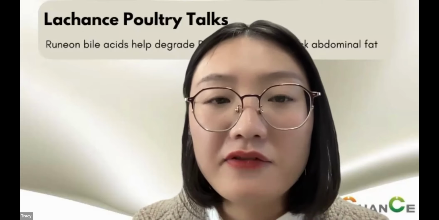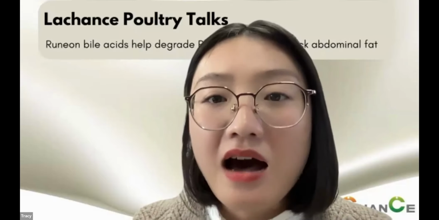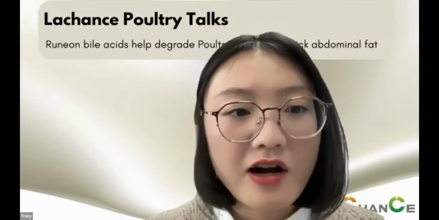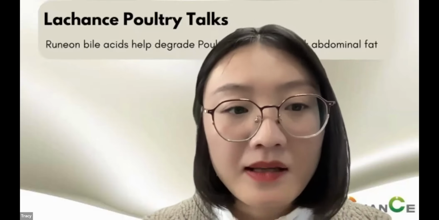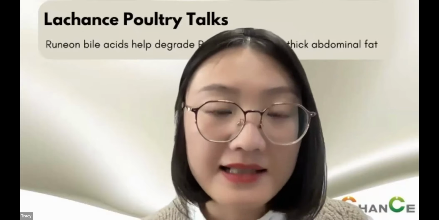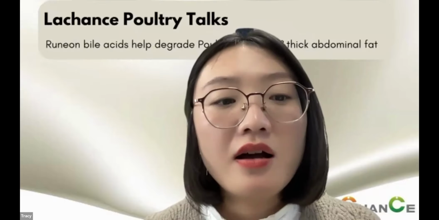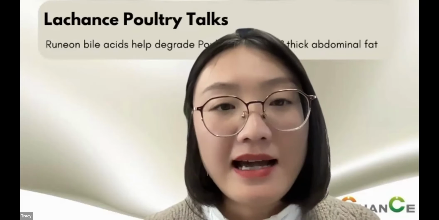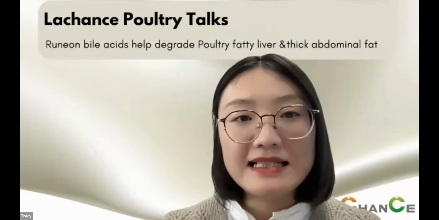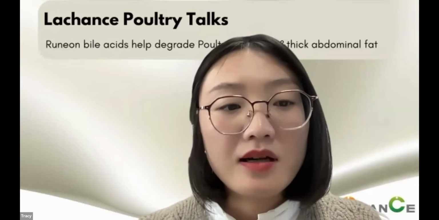Well, the first question is, if the fatty liver of laying hens is very serious, how to use bile acids to treat it? For this question, my recommendation is, for the first week, the dosage of bile acids is 1 kilogram per ton feed. In the second week, the dosage of bile acids can be reduced to 500 grams per ton feed. And then in the third week, the dosage can be reduced to 250 grams per ton feed.